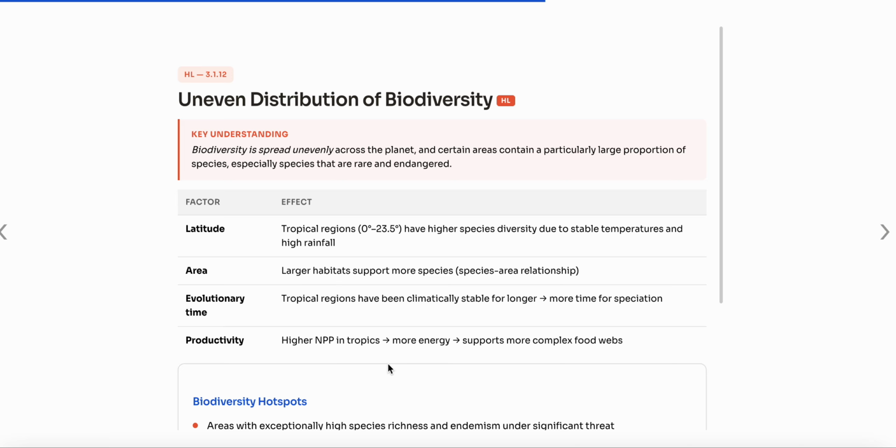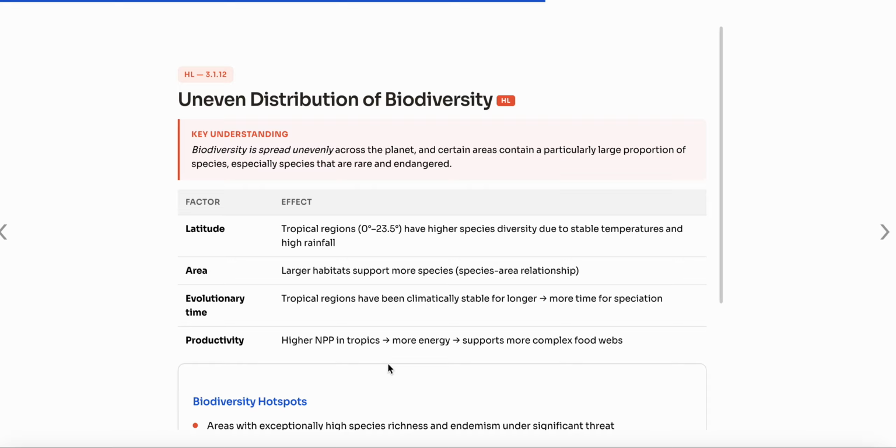Certain biomes have a tendency to have high biodiversity. Their temperature, rainfall, soil moisture, and other abiotic conditions are such that all the species flourish there.